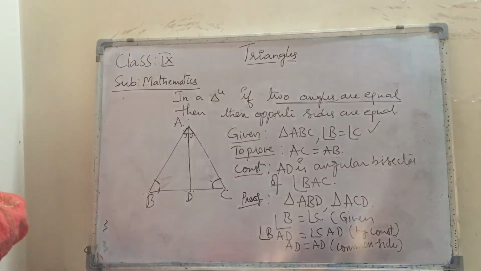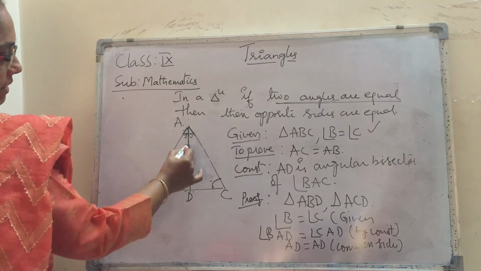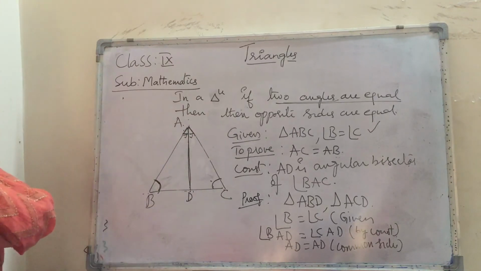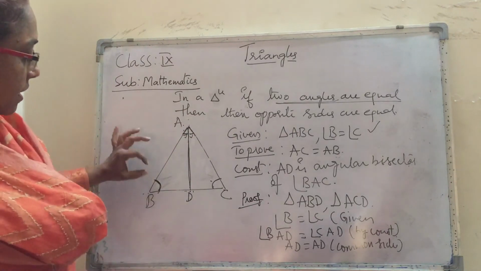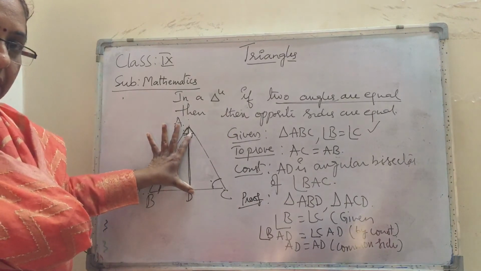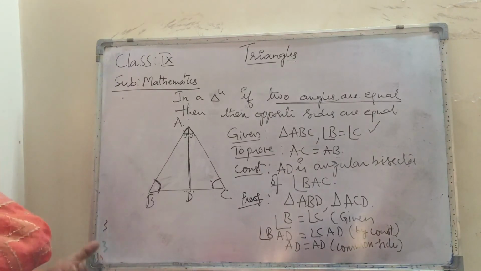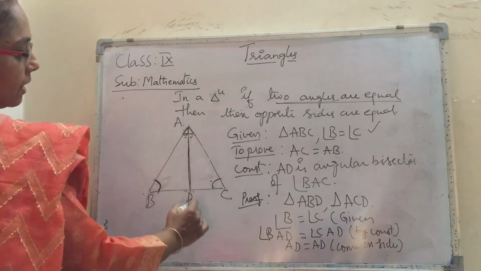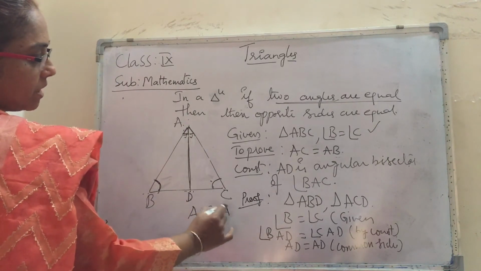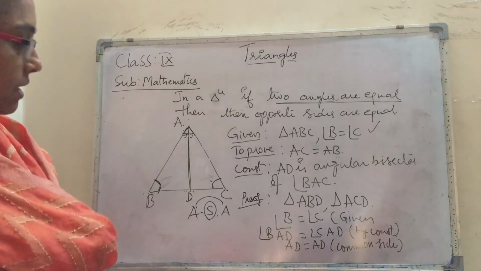Now see, children, here we have angles and a side. Then what is the congruency rule, children? Can we use AAS? What we have actually is ASA. ASA means two angles and the side included between them.